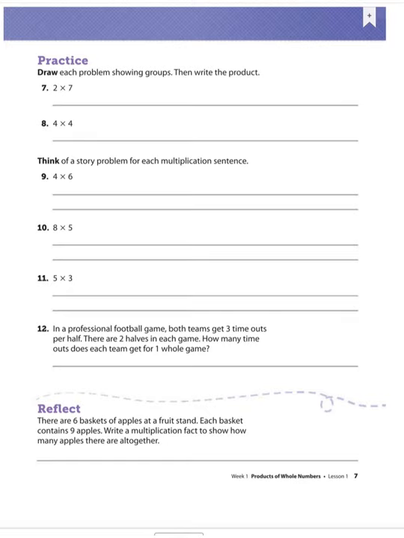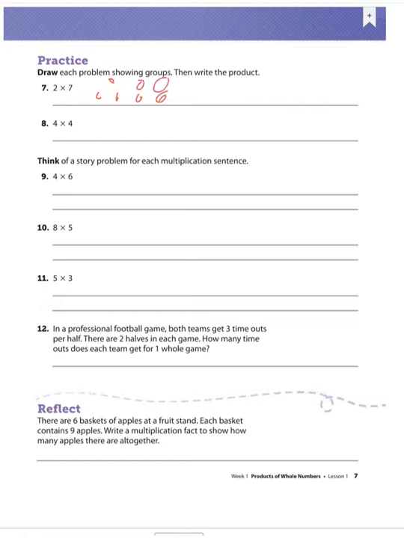The next page wants us to practice drawing the problems and then find the answer. So 2 times 7. So I'm going to have 2 groups of 7. I'm just going to make dots to make it easy. You can draw shapes or stars or anything you want. So 1, 2, 3, 4, 5, 6, 7.